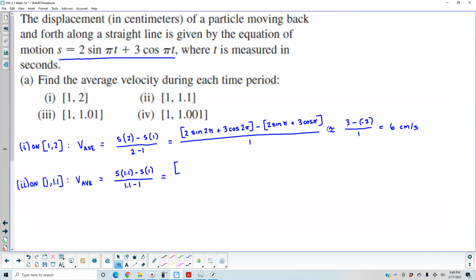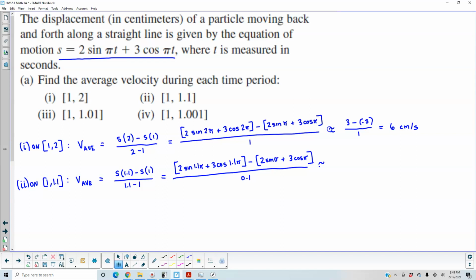So again, in our numerator, we're going to have 2 times the sine of 1.1 pi plus 3 times the cosine of 1.1 pi minus 2 times the sine of pi plus 3 times the cosine of pi, all over 1.1 minus 1, which is 0.1.